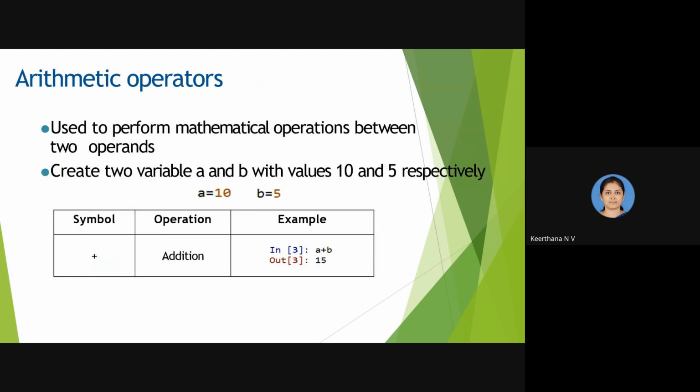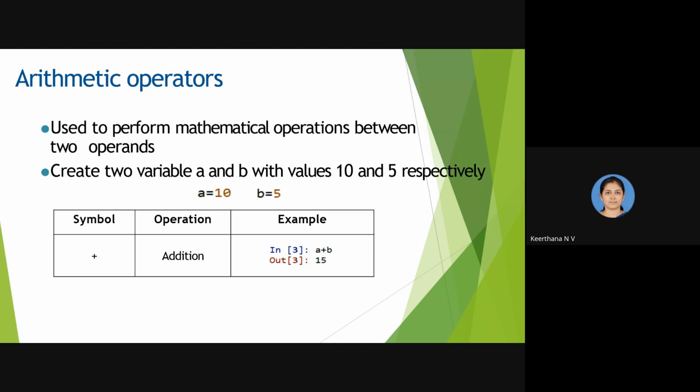So the first one is the arithmetic operator. Throughout the arithmetic operators, assign variable A equal to 10 and variable B equal to 5 for performing the examples. Arithmetic operators are complete mathematical operations: addition, subtraction, division, multiplication, like that. The first operator is addition.